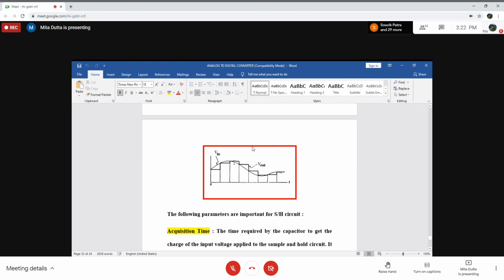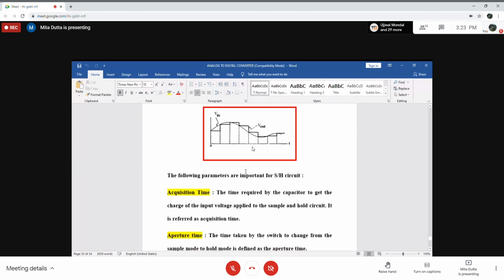So the output is a stepped waveform whose contour represents V in.